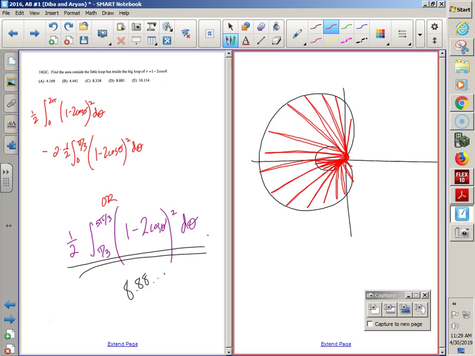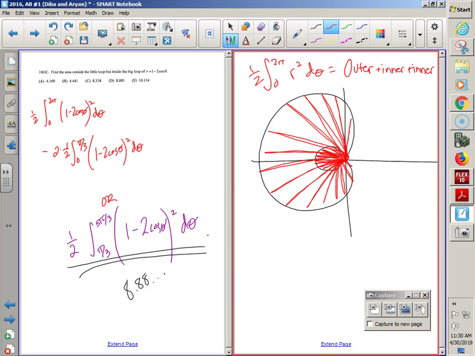And then 5 pi over 3 to 2 pi. So when you do 0 to 2 pi of my 1/2 r squared d theta, you actually get the outer with the inner twice.